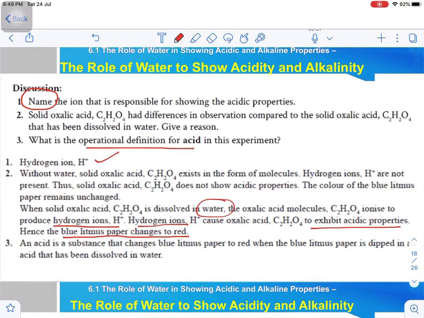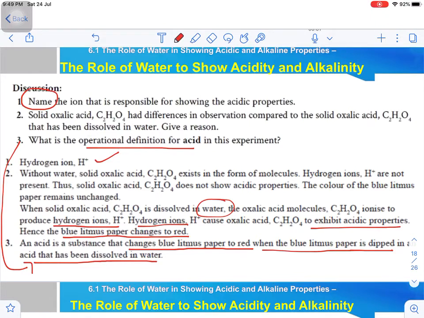Okay, here is the operational definition. An acid is a substance that changes blue litmus paper to red when the blue litmus paper is dipped in an acid that has been dissolved in water.